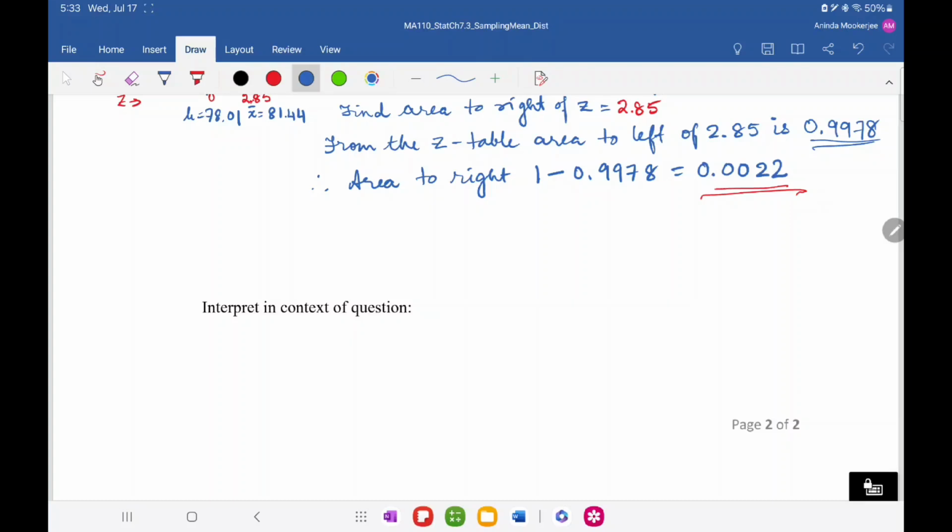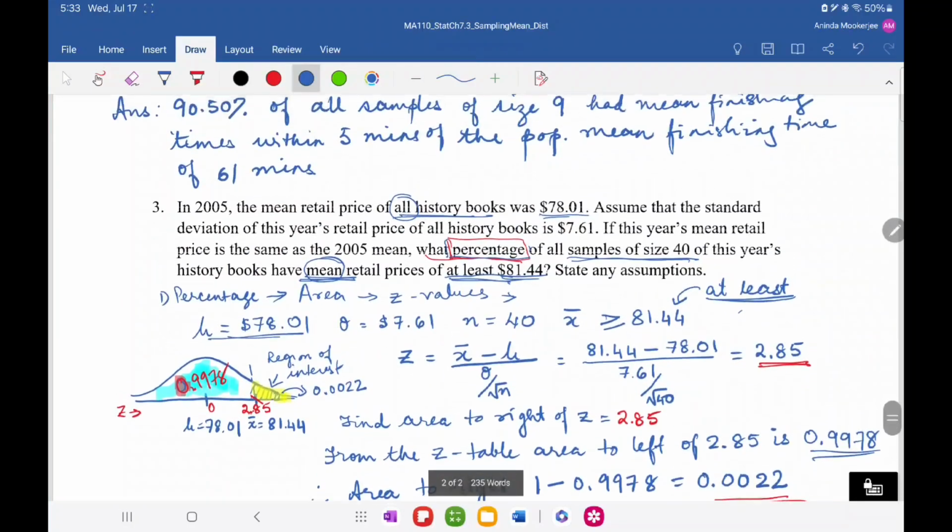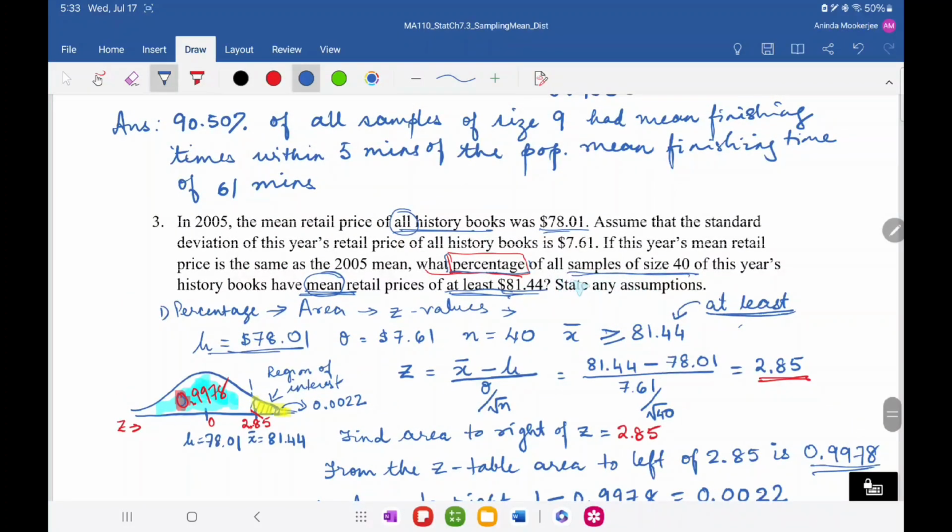All right, so let's go ahead and write that. 0.22% of all sample sizes, and I'm pretty much going to copy the verbiage from the question. Do not think too hard, just go back to your question and pick up the wording from there and write it as is. So 0.22% of all samples of size 40 of this year's history books have mean retail prices of at least $81.44.